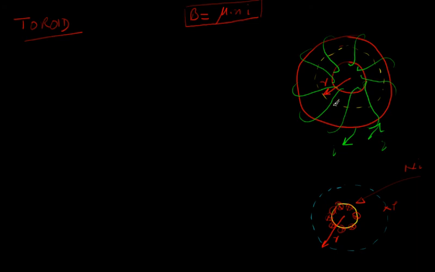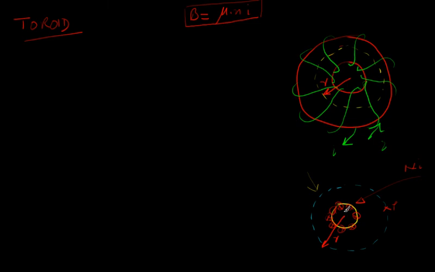Similar to what we did before, here we are taking one contour, and we will see how much current is there inside this contour. This circle is the contour, and we are going to find out how much current is going inside.